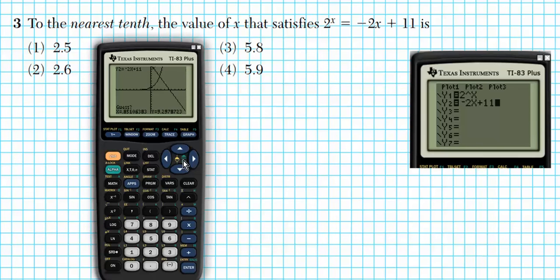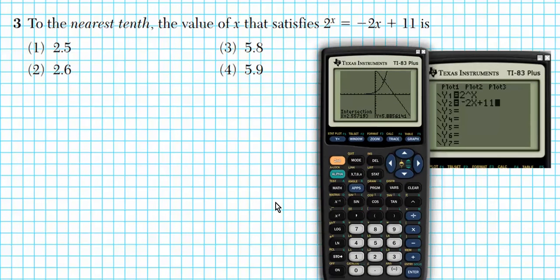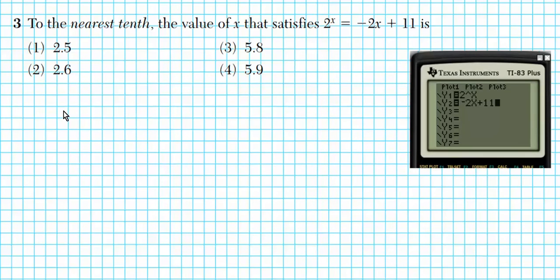Guess, scroll to somewhere in the neighborhood of the intersection point that you're looking for, because sometimes you have multiple intersections. Press enter again. And then what we're looking at is the x coordinate. So the intersection is 2.5572.